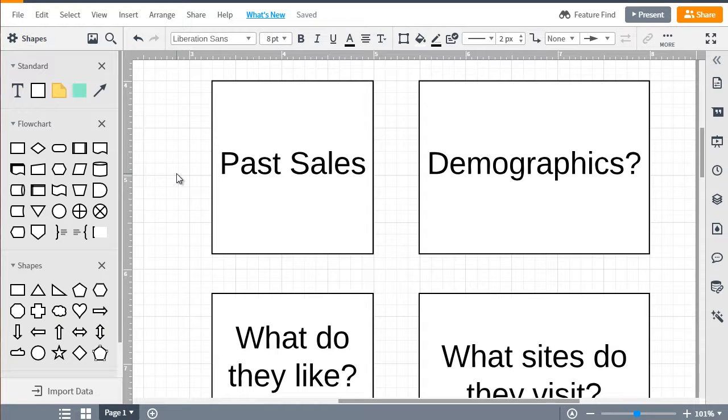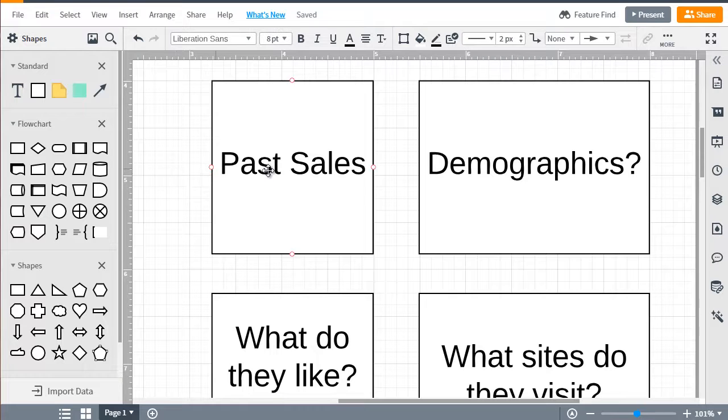So one of the easiest ways to kind of develop who you're targeting is to look at your past sales and try to develop what that person may look like. So if you have past emails, you have maybe a Facebook group or a community, take a look in there and try to kind of see a pattern.